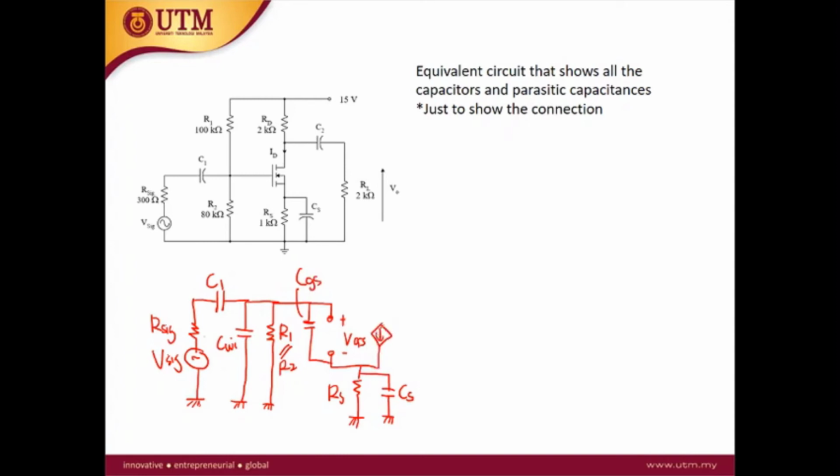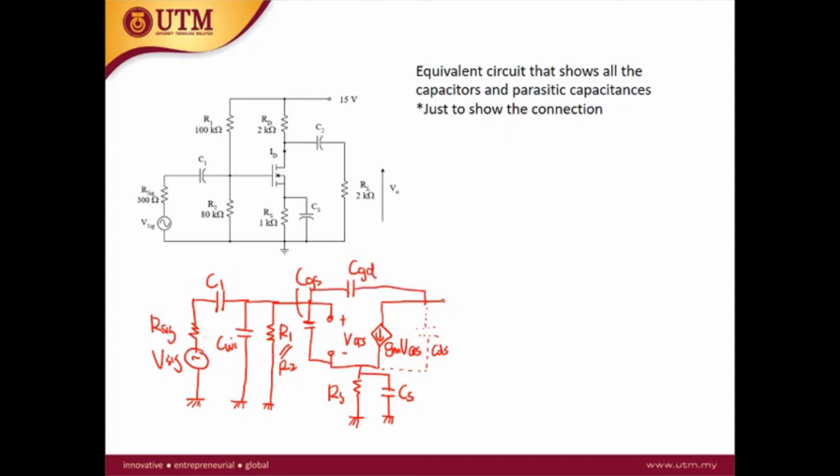Okay, between the source and drain we have the current source gm VGS. If we consider we have a capacitance between the drain and source, we can put the CDS here. This is the CDS. And then between the gate and drain there is also a capacitance CGD.